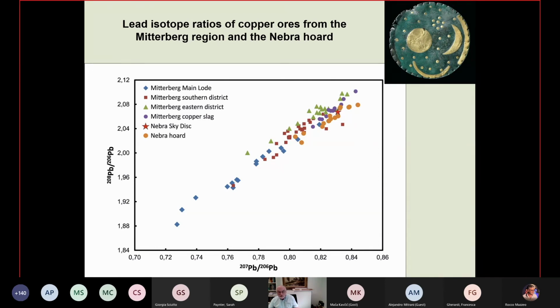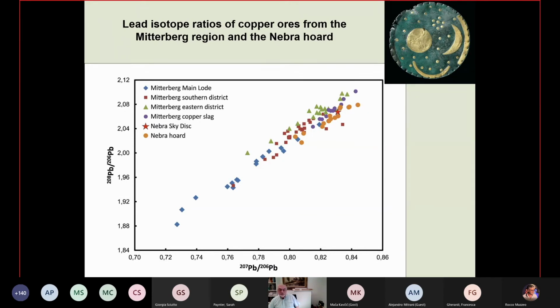But in those days we were already arguing that the real provenance analysis can only be based on lead isotope ratios, or even better on the combination of trace element patterns and lead isotope ratios.